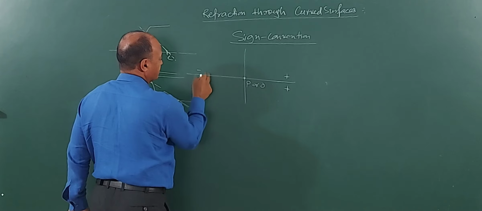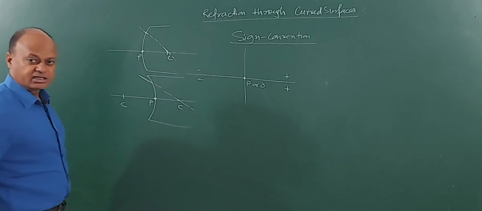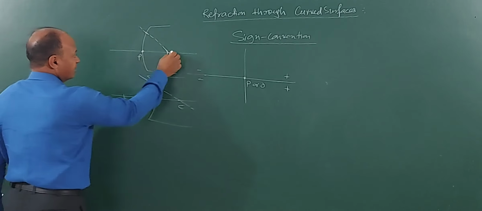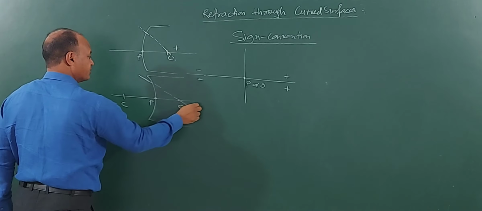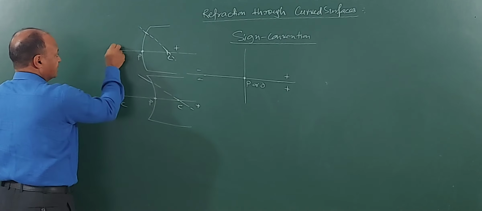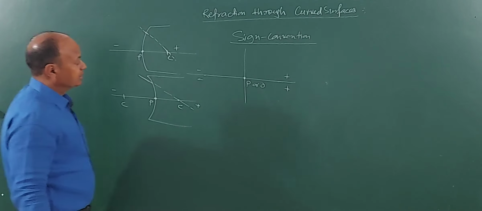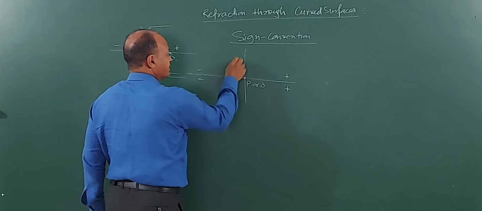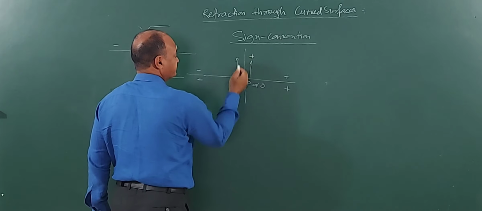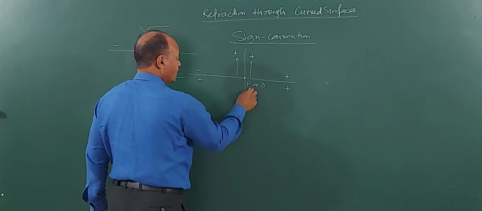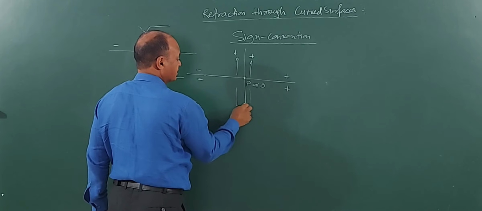On the left, distance will be taken as negative. So, as I measure to the right, this side and this side distance will be taken as what? Positive. This side and this side distance will be taken as what? Negative. Similarly, again here, distance above will be taken as positive, and distance below will be taken as negative.